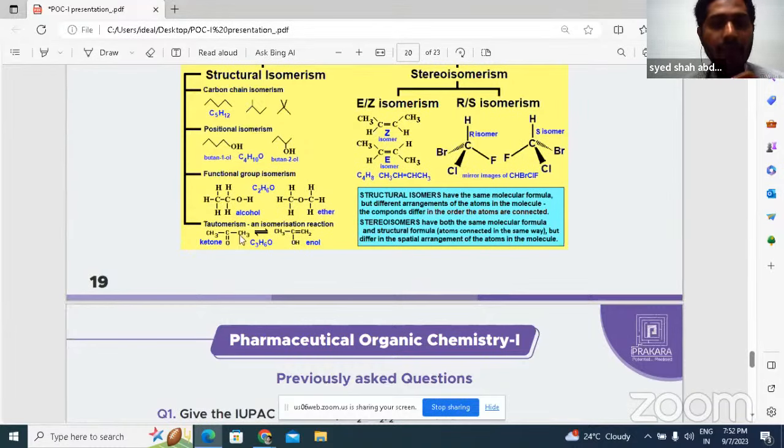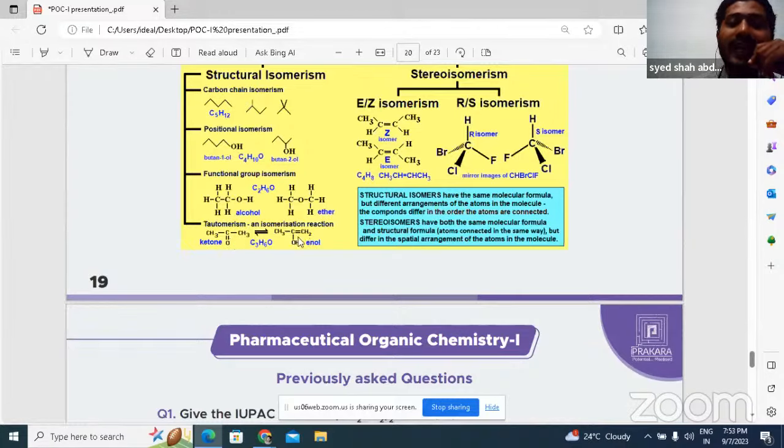Coming to the next, tautomerism. We sometimes call it keto-enol tautomerism. That usually happens when the compound has a ketone. There is a possibility that they will interchange the position of the double bond. In this ketone, acetone, the methyl group with 3 hydrogens can migrate a hydrogen to the oxygen and make it an alcohol, and it will take up the double bond.